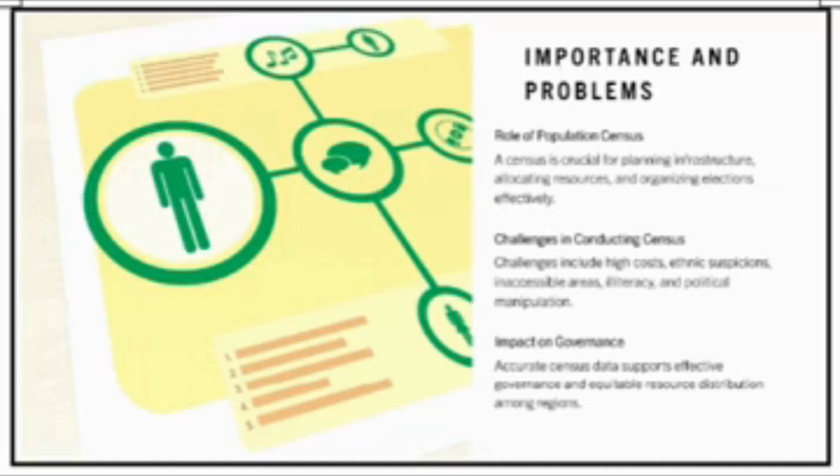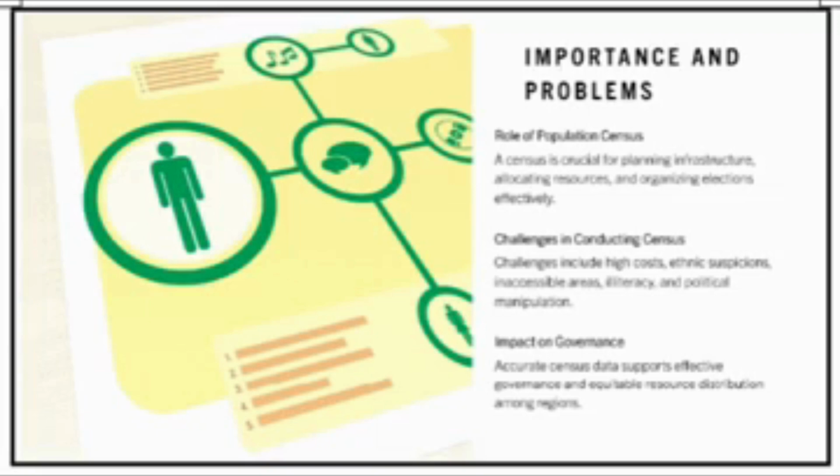As important as a population census is to any economy, there are challenges that actually limit every country from undertaking it. Especially in Nigeria, certain problems that limit us from conducting a population census include the high cost of executing it, religious and ethnic suspicion, and false declaration, that is people lie about their age, their tribe and so on.